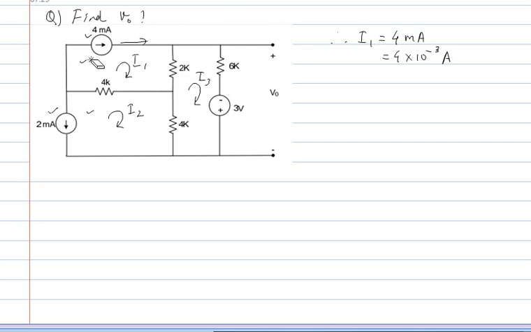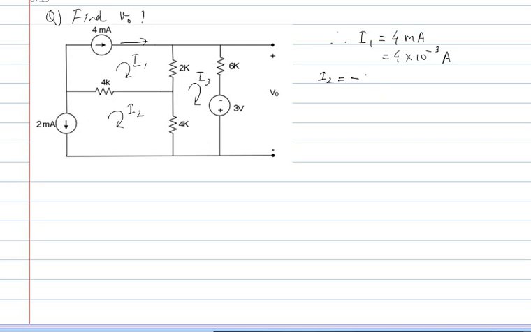So here, since 2 milliamps belongs to the second mesh, and the only thing is that it is in the opposite direction, I will write I2 is equal to minus. Why have I written minus? Because I2 is in the opposite direction to this current. This current is flowing down, whereas I2 is flowing in the clockwise direction. So 2 milliamps being anti-clockwise and I2 being clockwise, it is opposite.